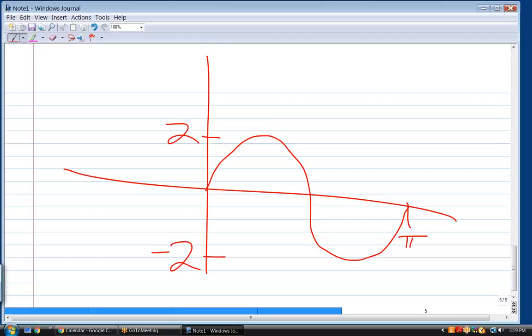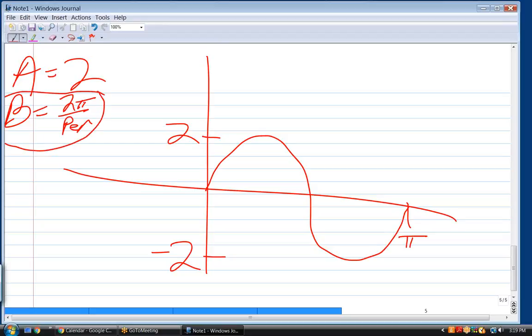well, let's just take the one I just wrote. What's A? A would be 2. What's B? Remember, B is 2 pi over the period. That's an extremely important relationship that you want to memorize.